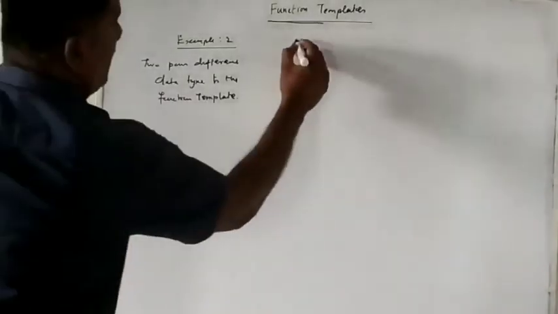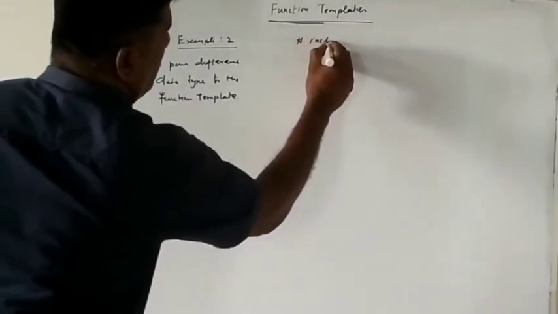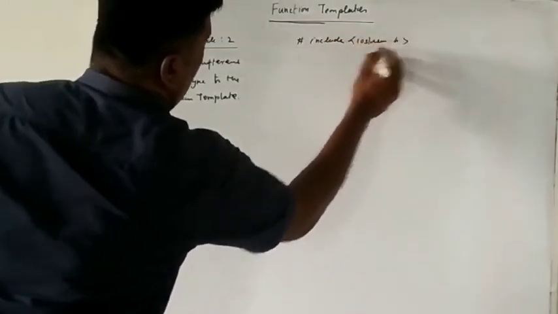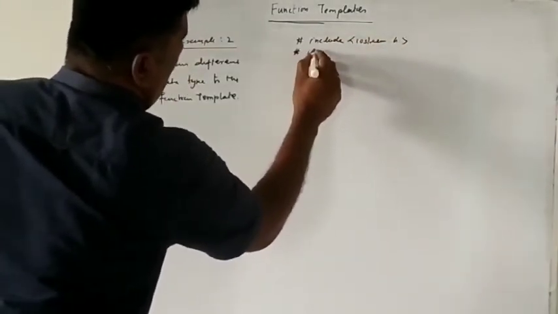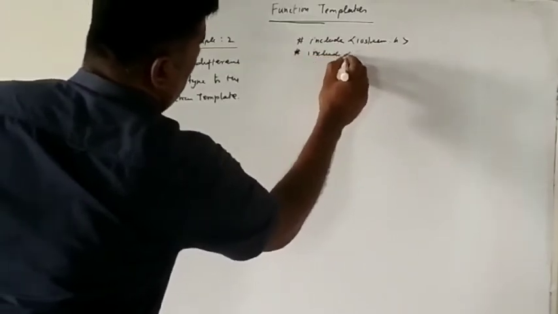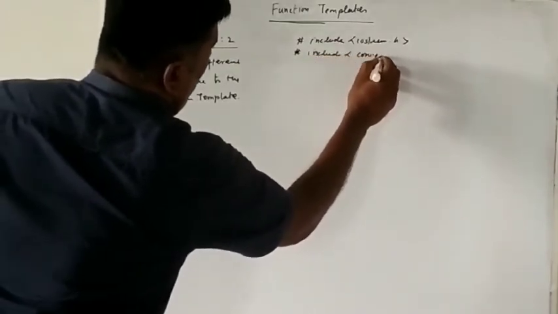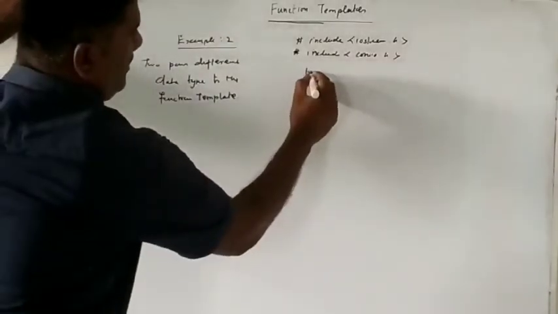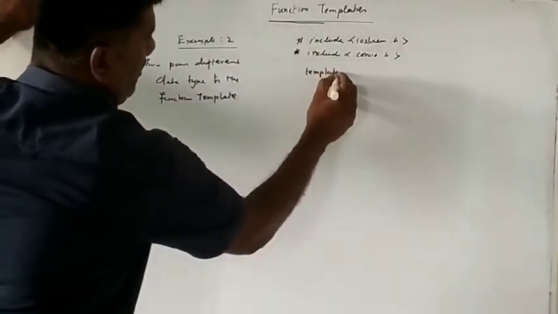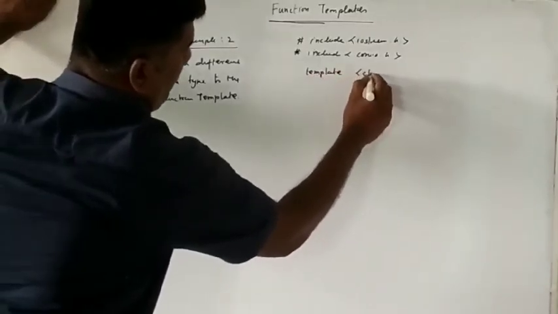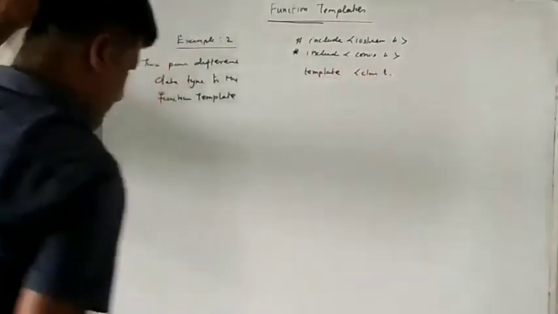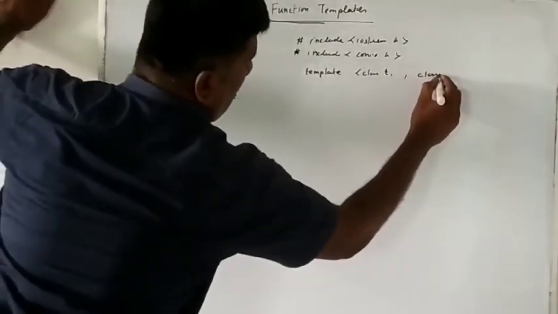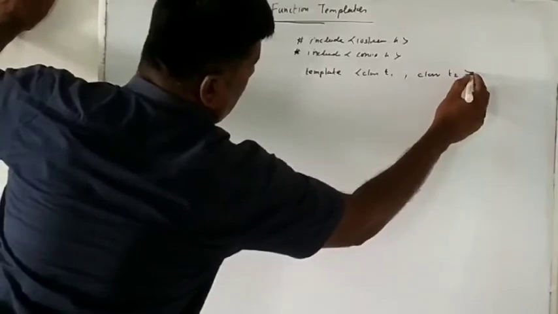So, include iostream.h, include conio.h. Then I create the function template: template class T1, comma, class T2.